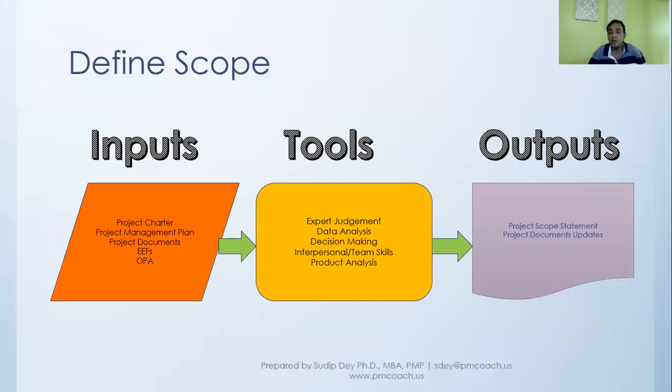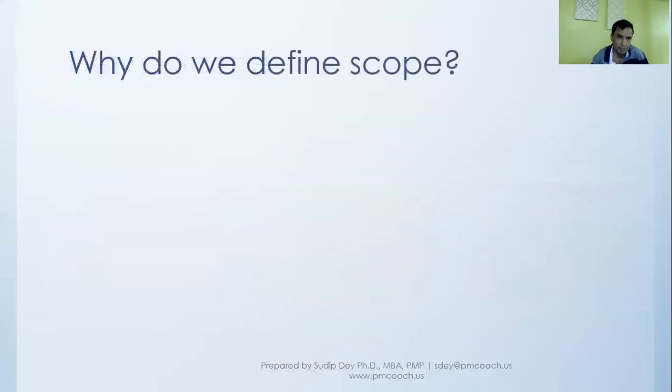What really comes out is the project scope statement and project document updates. I want to specify something here: the project scope statement will be one of the components in the scope baseline. That is a very important output from the define scope process.